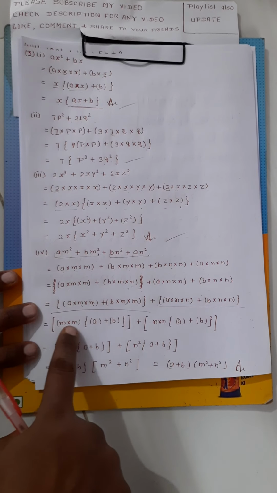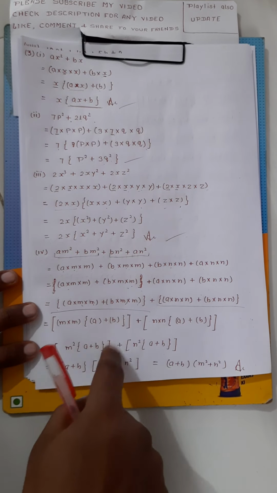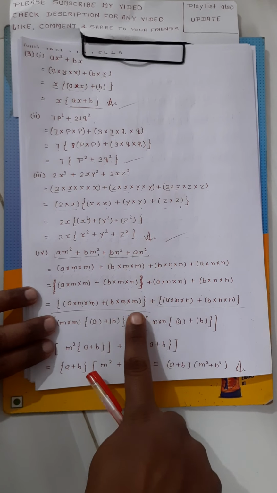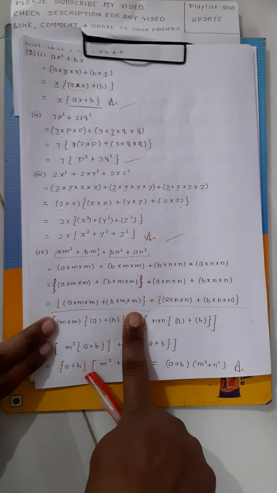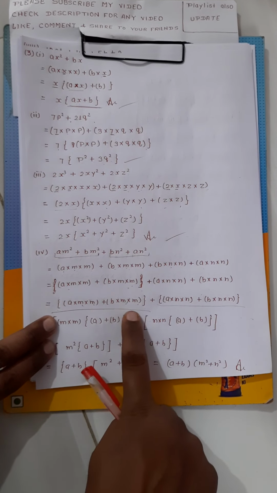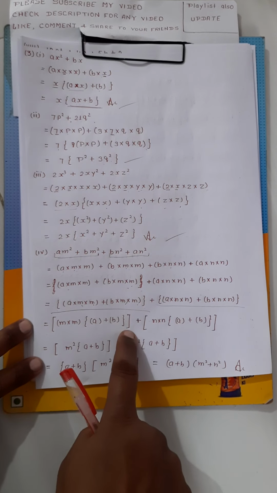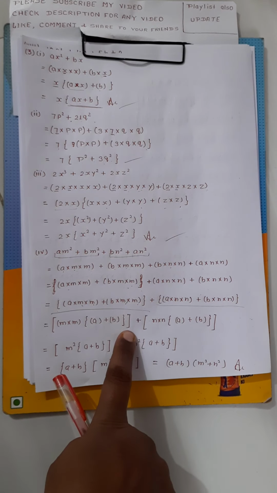If we take m into m as a common factor, then a will be left here and b will be left here. So this becomes m into m and a plus b. It is better to close all things by a big bracket.